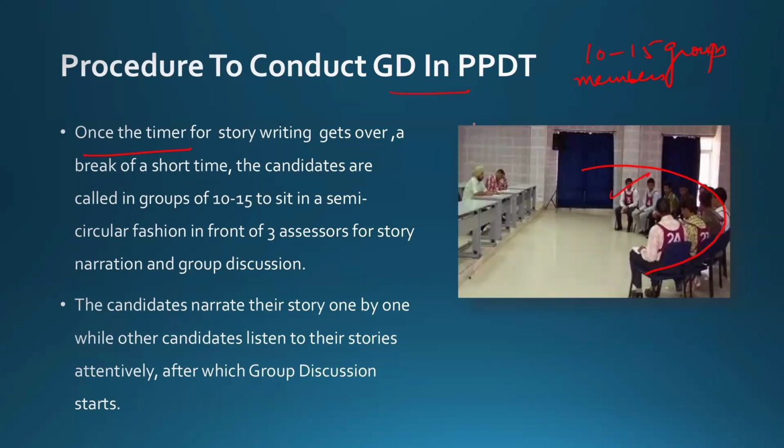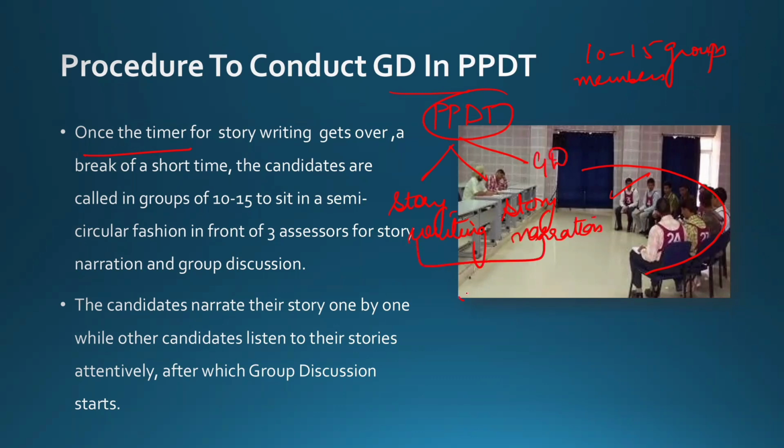So I hope the procedure related to PPDT is clear to all of you. I repeat it once again. There are 3 parts under which PPDT is conducted. Firstly, there will be story writing. Then we have story narration. And finally, we have group discussion.